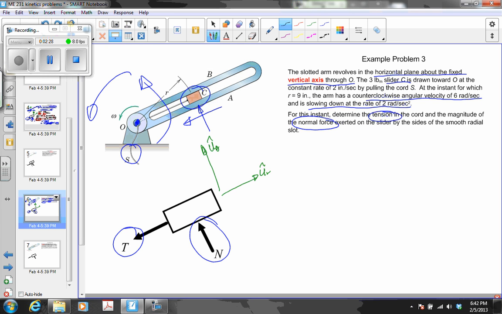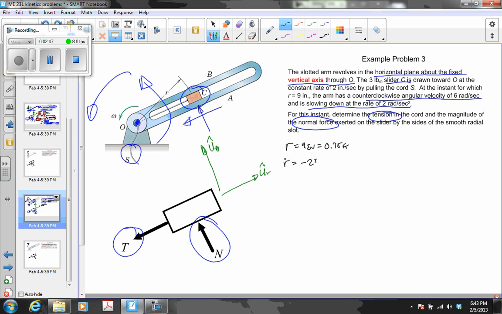Let's make a little table of what we know. So r is 9 inches. Let's go ahead and convert that to feet, that'd be 0.75 feet. And r is changing over time because the cable's pulling the block in at 2 inches per second, so that's being drawn inward.